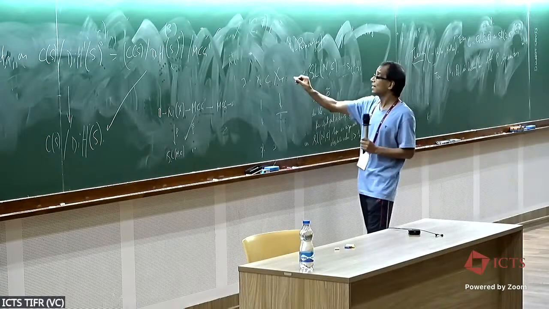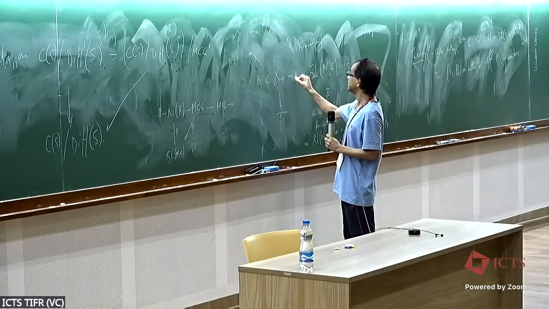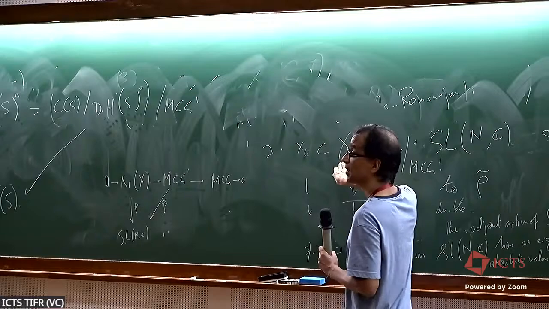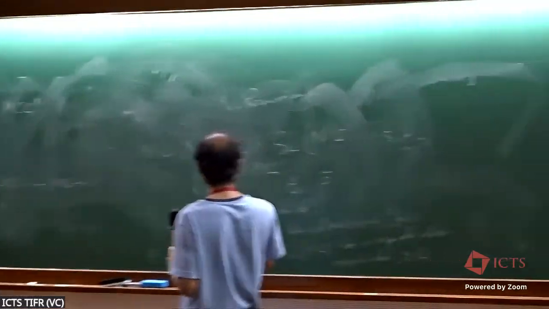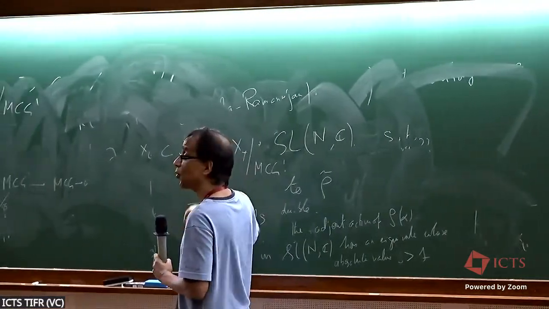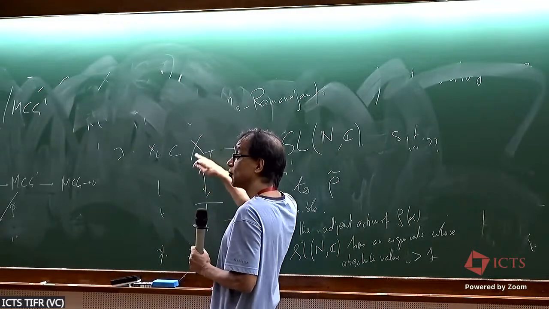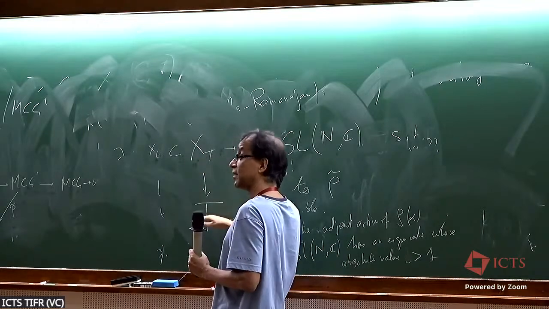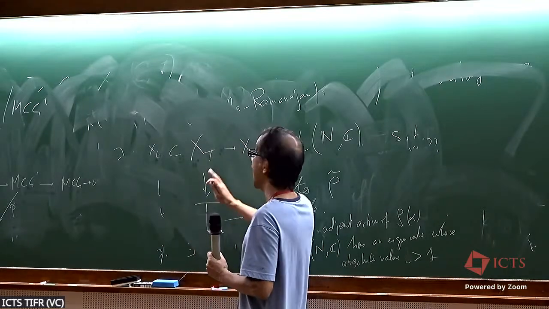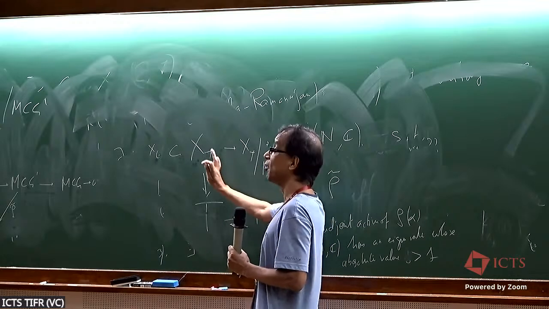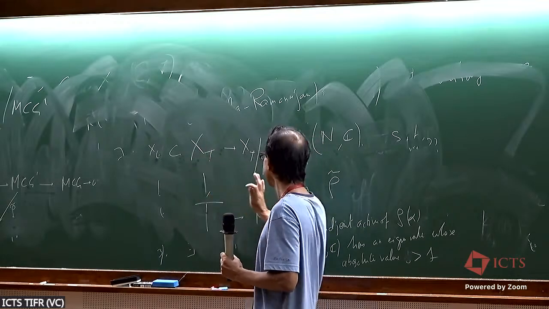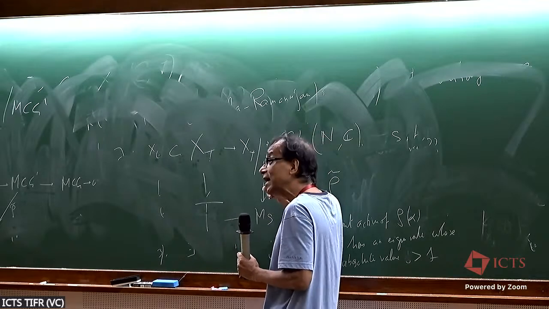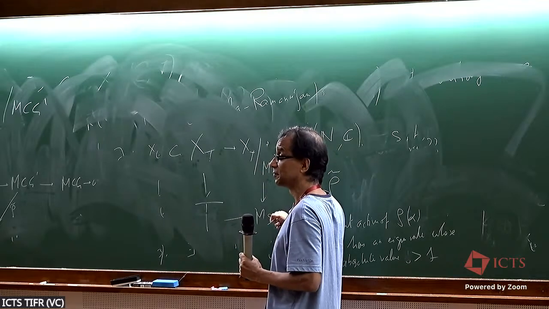That means the connection on X_t modulo MCG_1 is pulled back from here, and here is the moduli space. So for the connection I am considering, I have the good fortune that this holomorphic connection is coming from here. It is a holomorphic connection on this, and now here I can apply non-abelian Hodge theory.